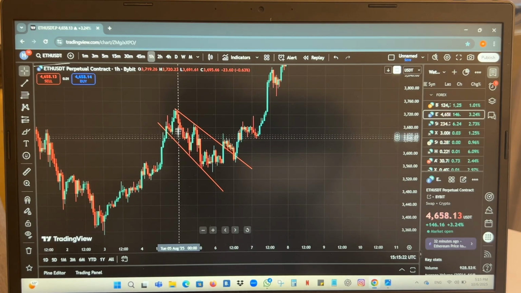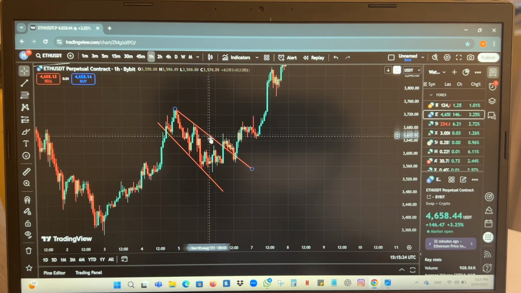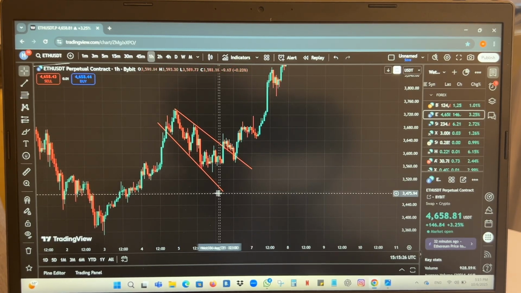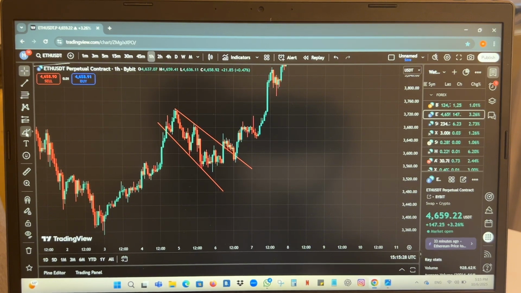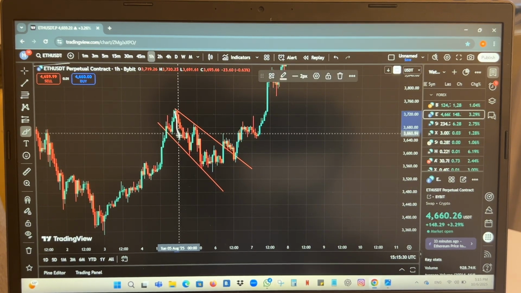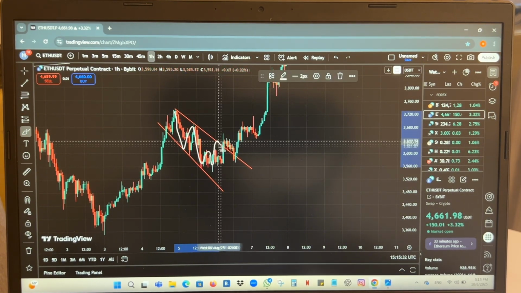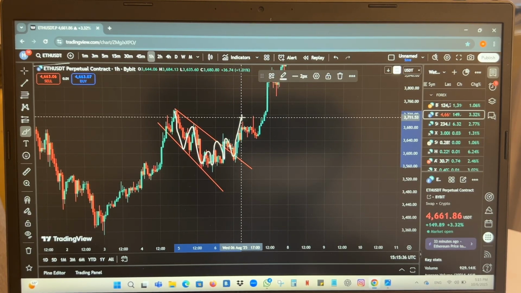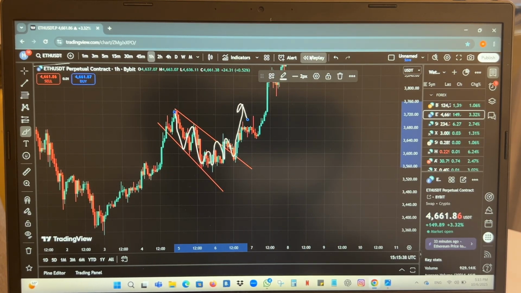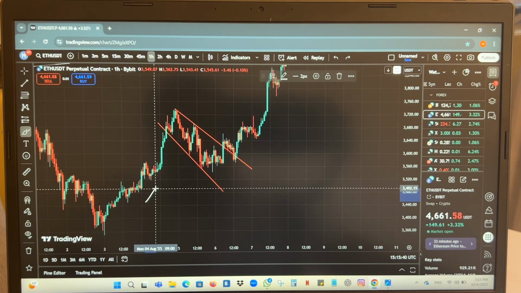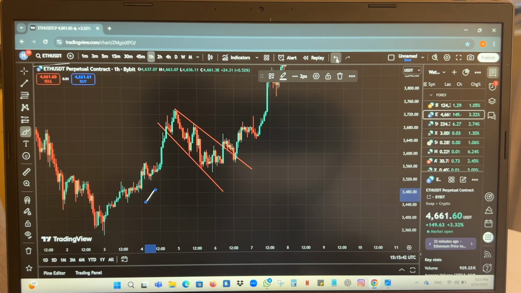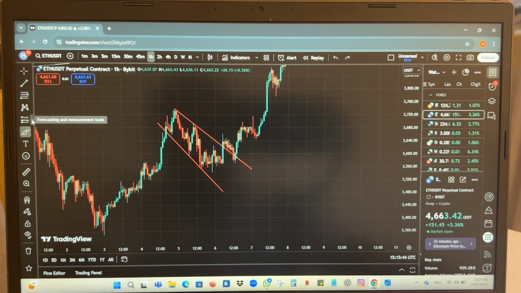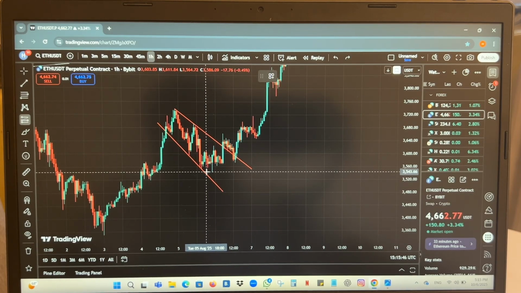Okay, so there you go. It looks just like the bull flag I was talking about. The market went here, it did this, and broke it, and it went down for the retest, and then it just went up. So just like that, I will show you guys in a live market how to go for the long position.